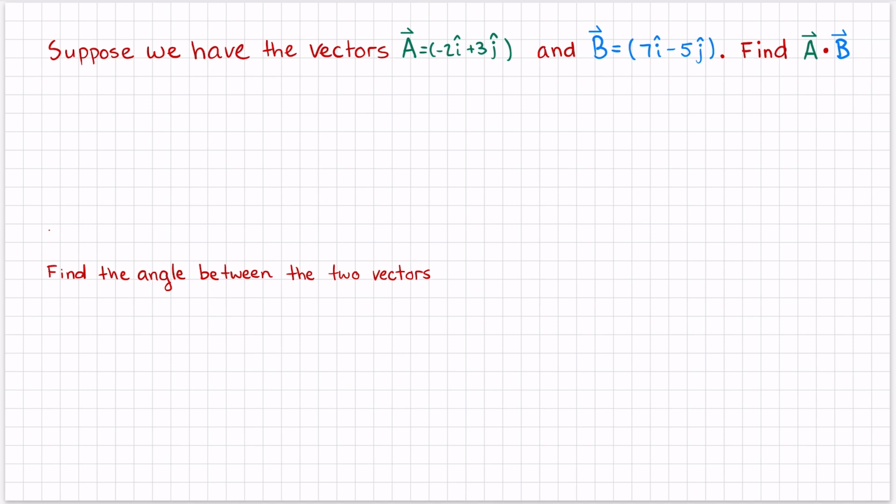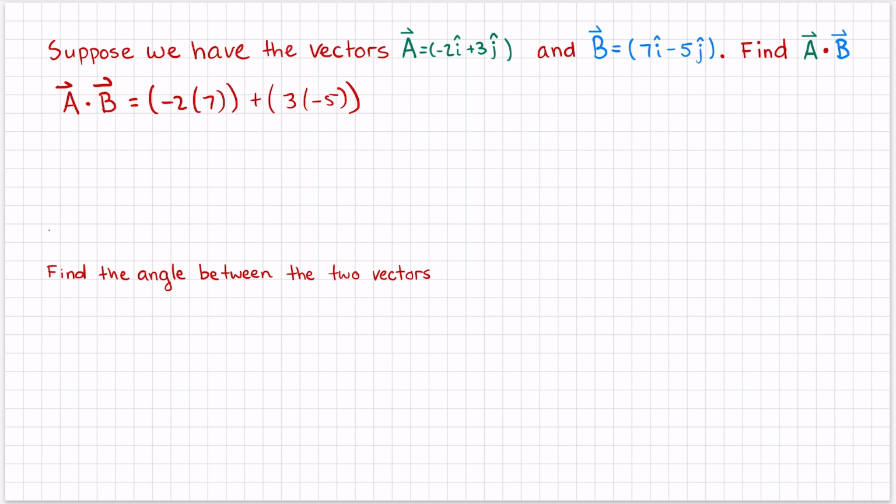Well, we just got introduced to this really simple mathematical model that said that vector A dotted with vector B is actually equal to, if I take the horizontal components here, the product of negative 2 and 7, plus the product of 3 and negative 5, all right?